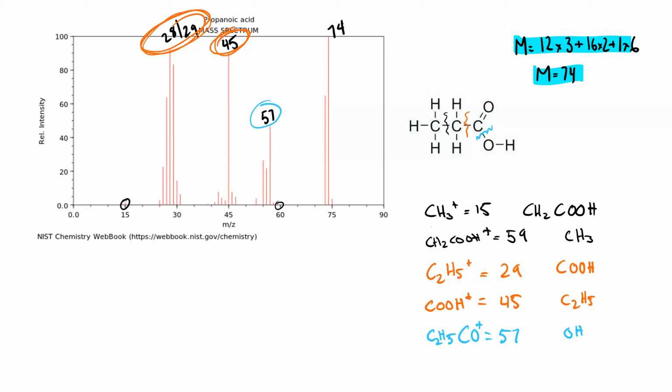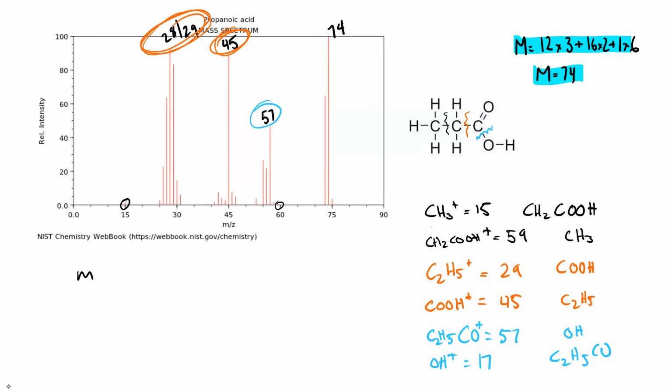This is clearly evident here. We would also possibly get an OH ion, which would have a mass of 17, and then we would get the C2H5CO free radical that wouldn't show up. But we don't see that peak, and so that is very uncommon.